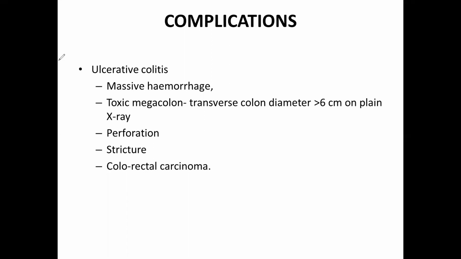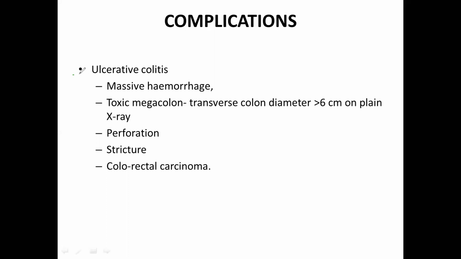The next part is complications. First, ulcerative colitis. The complications of ulcerative colitis include massive hemorrhage. We have already seen that in ulcerative colitis the cardinal symptom is rectal bleeding, and that rectal bleeding may sometimes be massive if ulceration involves arteries.